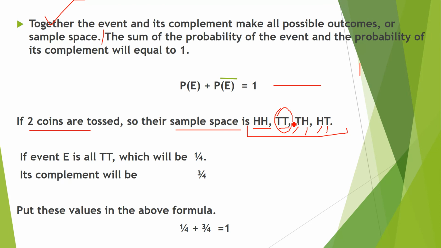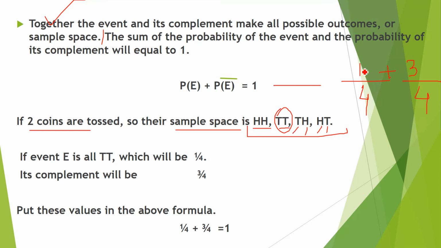So how will you find the probability of this? It is 1, because there is only one time both tails come, and there are 4 observations in total, so 1 by 4. This is the event. And what is the complement of it? The remaining 1, 2, 3. We have 3 as the complement, divided by 4, because the total number of possibilities is 4.